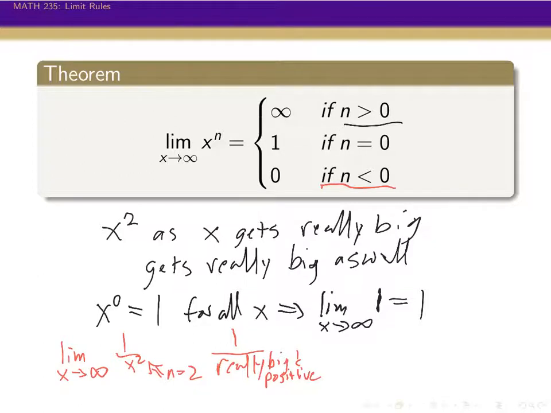So what happens when you have 1 divided by something really big and positive? This is going to be very close to 0. And as x gets bigger, x squared gets even bigger, and so we're dividing by an even bigger number, making us even closer to 0. And so this limit's going to be equal to 0.